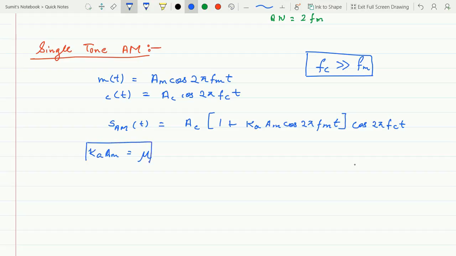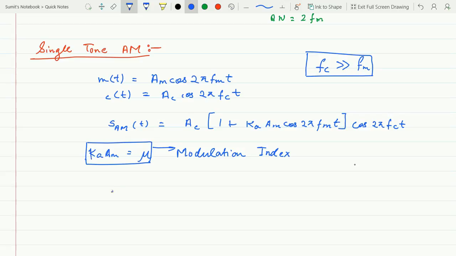Now this is the important part. This modulation index, this is how it is mentioned in the questions. When you are specifying AM, you have to give the modulation index. What is the value of the modulation index? So mu is basically ka into Am, the maximum amplitude.